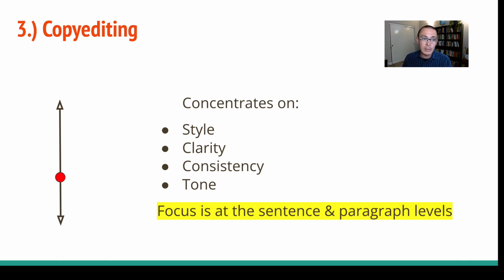They're important, but like I said, if you're making those bigger changes, that tends to be where the bigger payoff comes. Copy editing is where you're looking at sentences and paragraphs and making changes to things like tone or the style, so you're maybe making it more professional or less casual. That would be an example of copy editing.